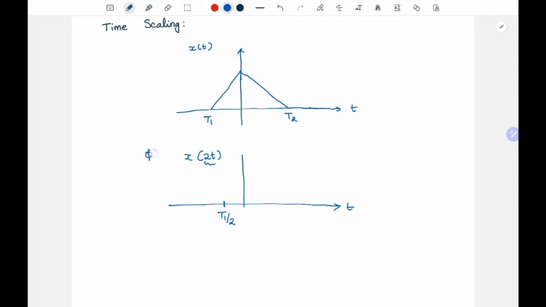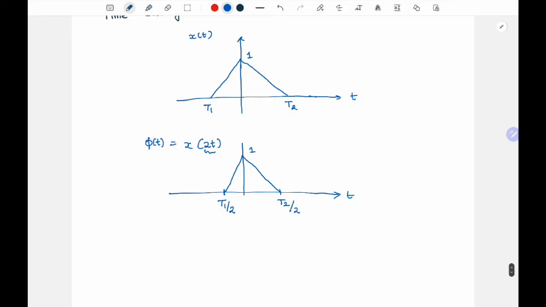So I'll call it phi of t. Okay, so again here also the amplitude remains the same, 1, and on this side we have t2 by 2, right? So phi of t1 by 2 is nothing but x of 2 into t1 by 2, which is nothing but x of t1, right?